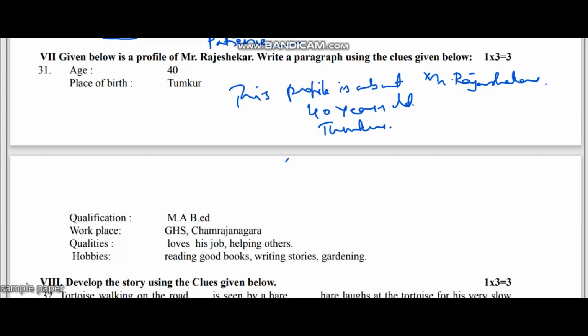And he is qualified with MA B.Ed. His working place is GHS Chamarajnagara. The qualities of Rajshekhar are he loves his job and he helps others in the society. And his hobbies are reading books, writing stories, and gardening.